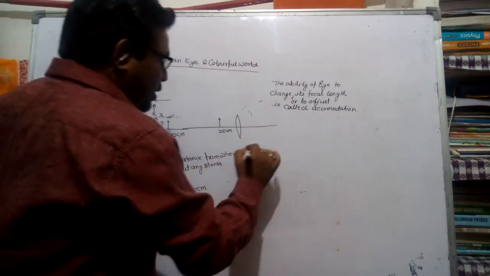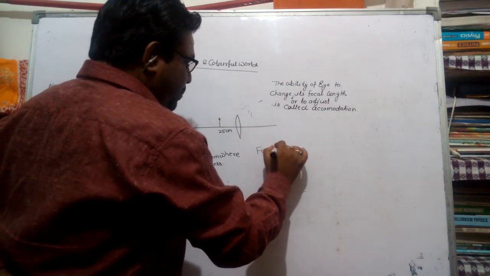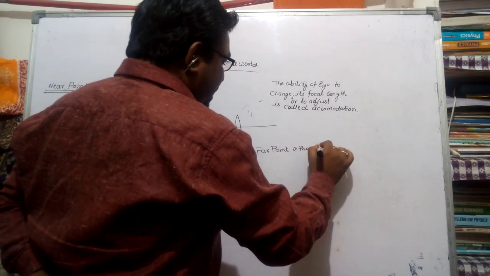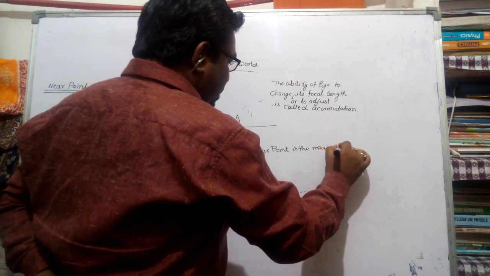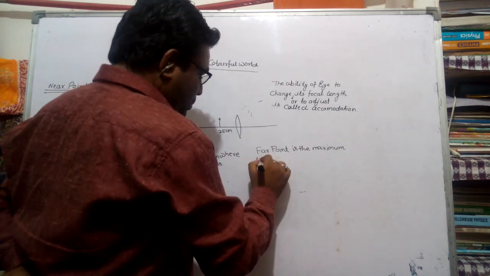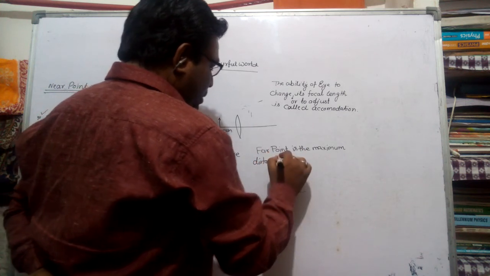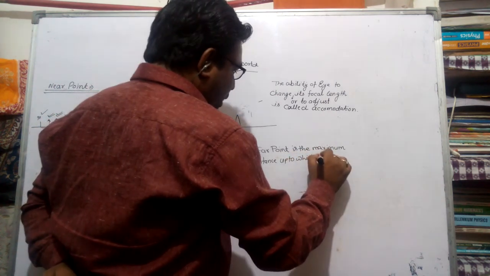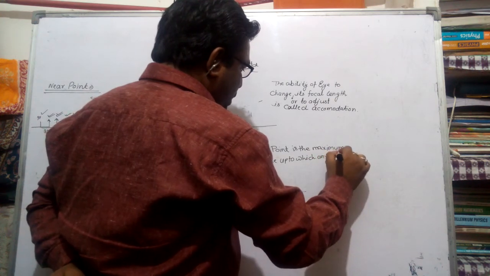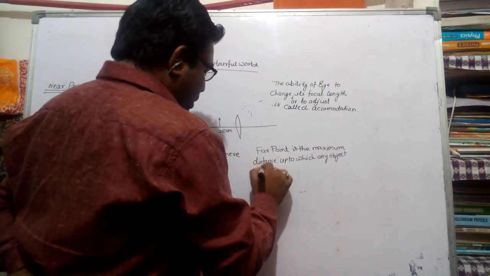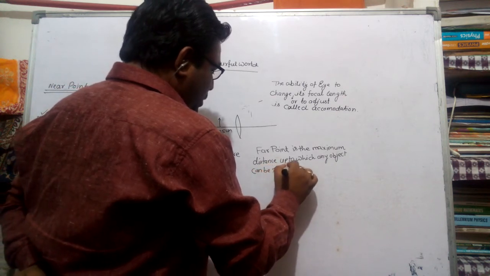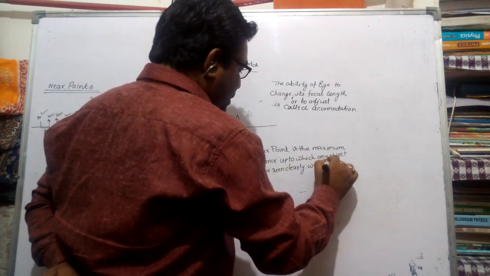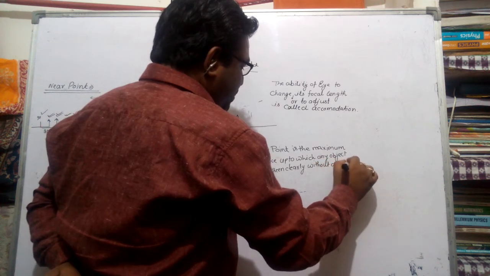So what is far point? What's the definition? Look, far point is the maximum distance up to which any object can be seen clearly, or in one word, without any stress, beta.